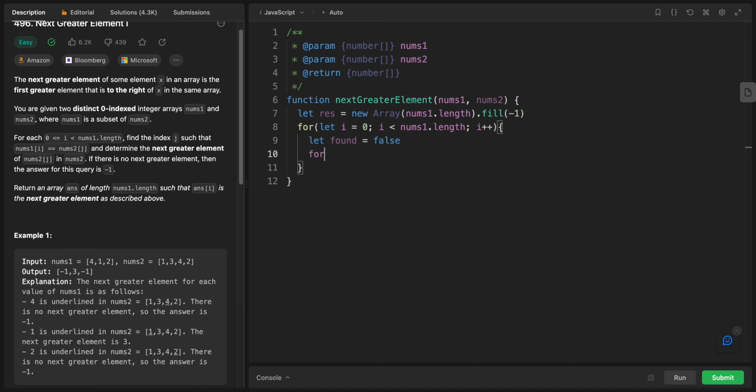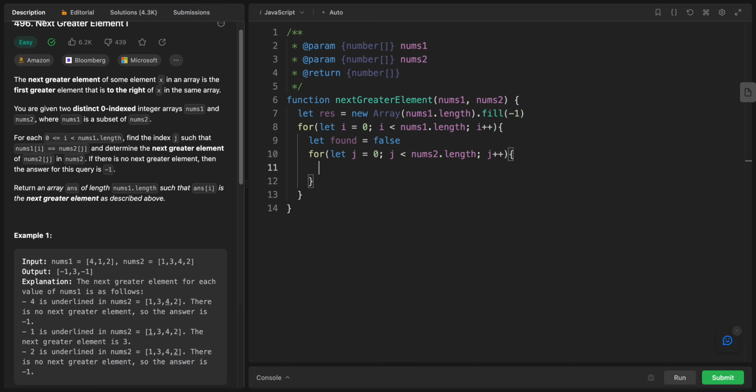So I will make another for loop, let j equals 0, j is less than nums2.length, and j plus plus. So we're looping j in nums2.